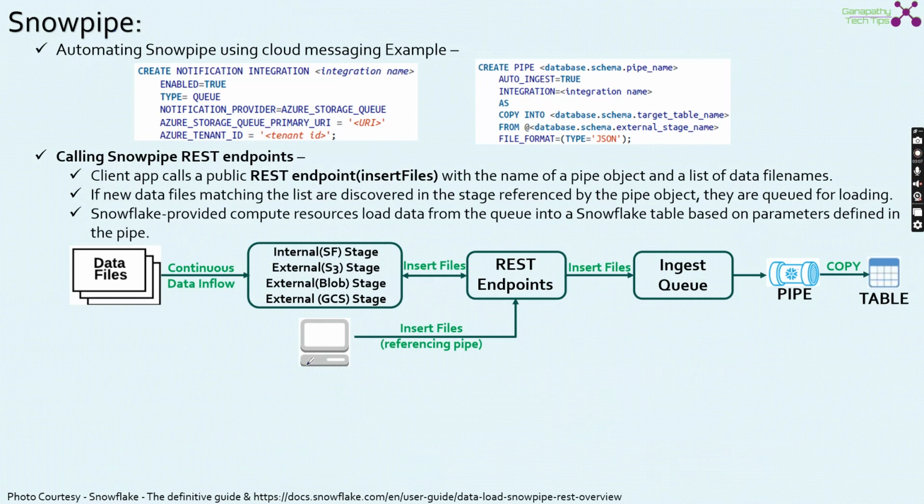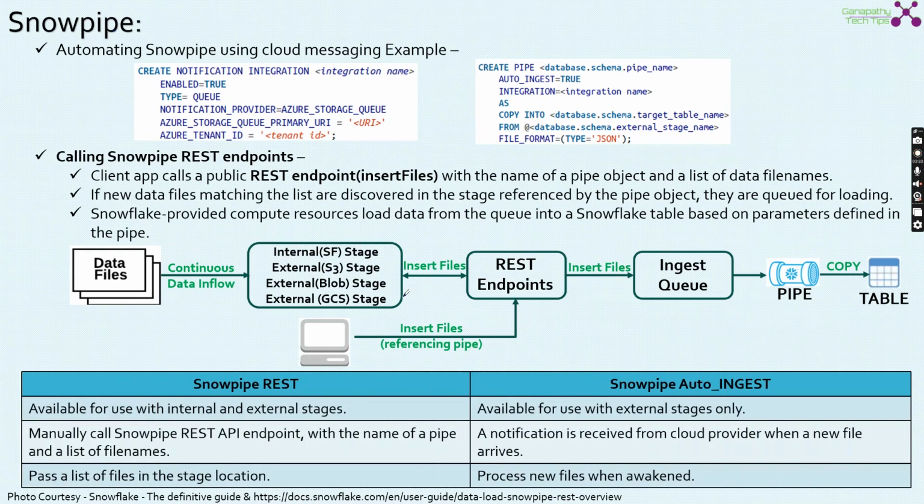Here, what you can do from your local desktop computer as well, you can utilize the same REST API endpoint referencing the pipe which you already created. You can insert the data via that. Then automatically it will be taken into consideration by the ingest queue, and then it will be loaded via the Snowpipe. So calling the REST API is also another option which is available within Snowpipe.